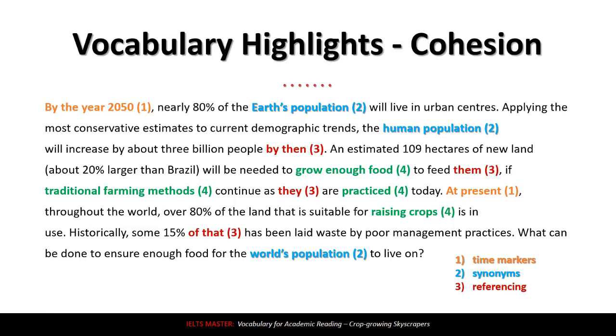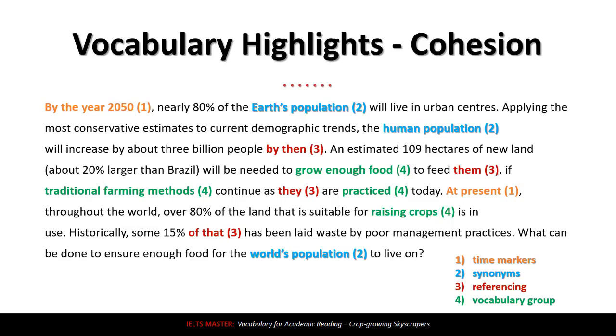And then last, number 4, grow enough food, traditional farming methods, practiced, and raising crops. Here it's vocabulary group. This is quite interesting as well because they're using very similar words. So we have grow enough food, traditional farming methods practiced, and raising crops. These are different. They have different meanings.